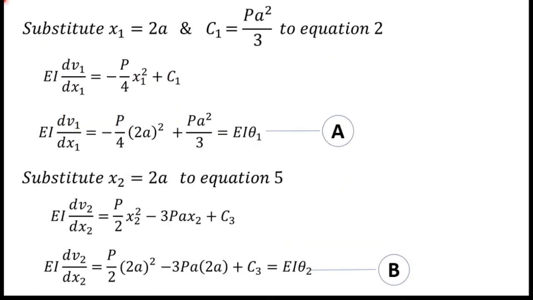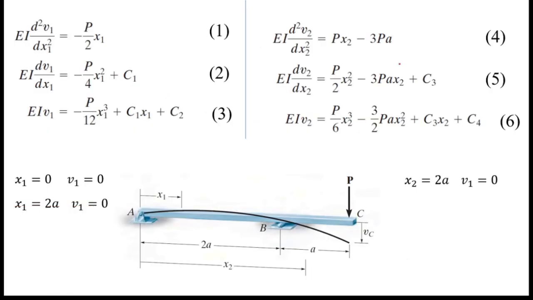I will substitute x1 equals 2a and c1 equals pa squared over 3, which we found before, into equation 2. If you closely look at these 6 equations, you will find here dv over dx, which is slope. Here also you will find dv over dx, which is slope.